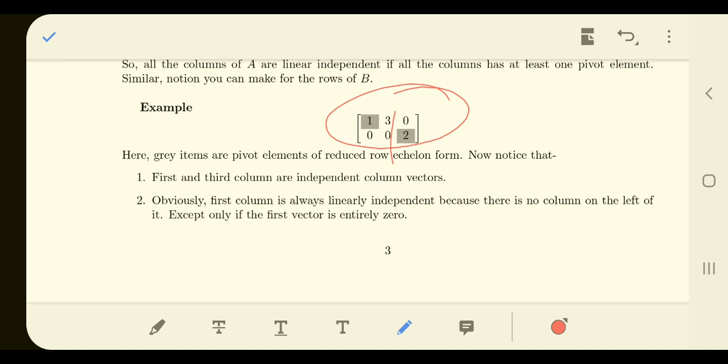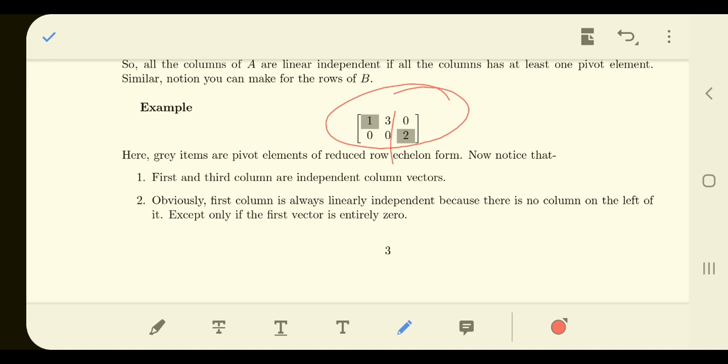So it does not have a pivot because it is just a multiple of the first column. Even if you had not used the Gauss eliminated row echelon form, it must have been 3 times the first column.